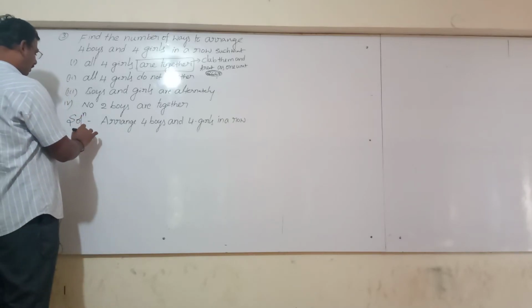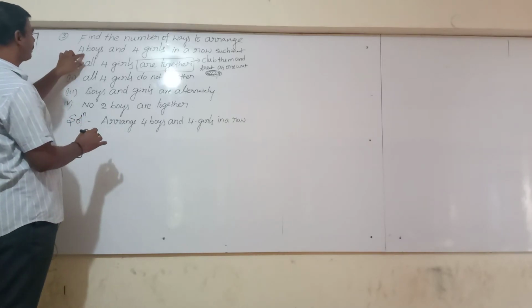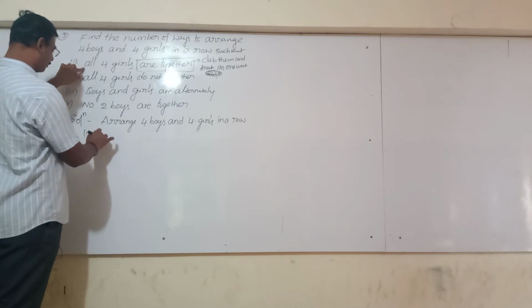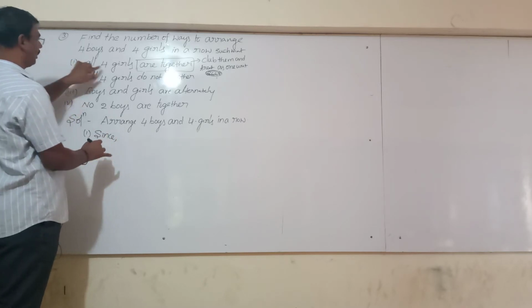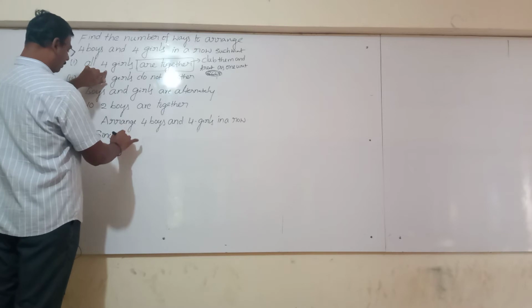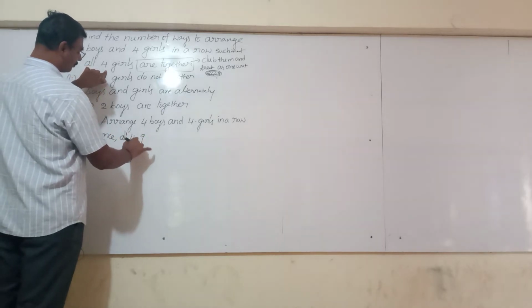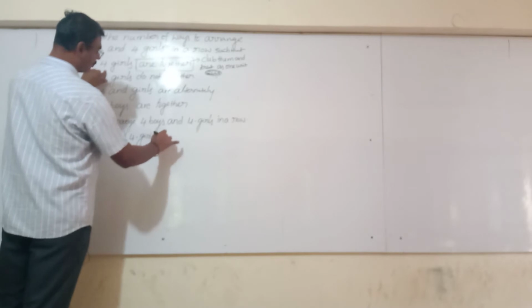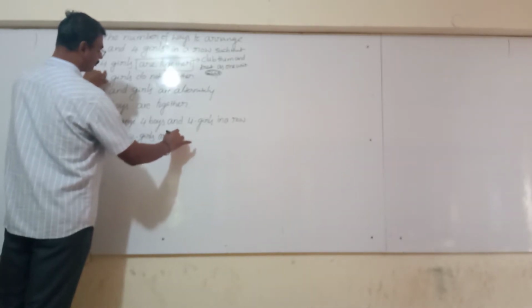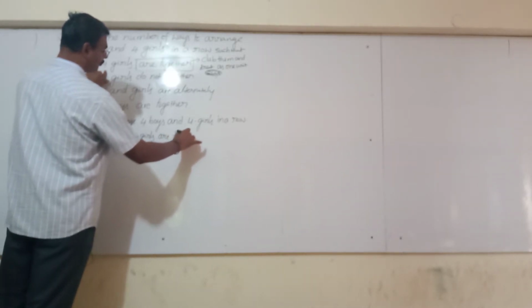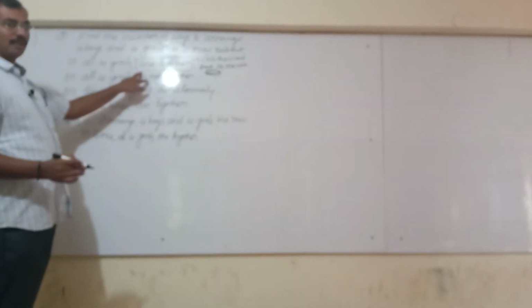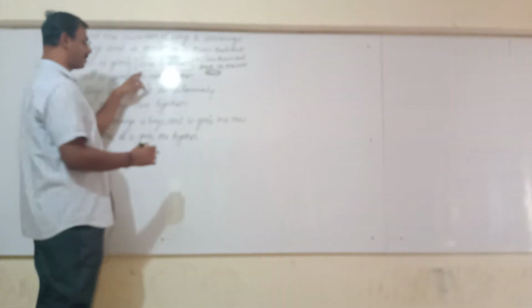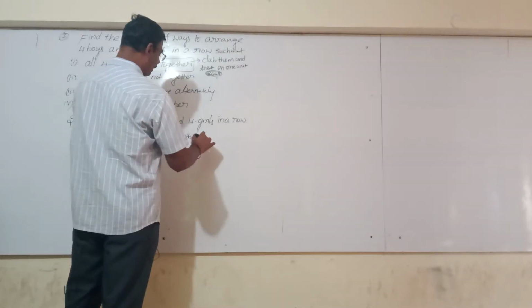Okay, now I am going to the first question. How to write it in the long way? Since all 4 girls are together, in this case what to do?